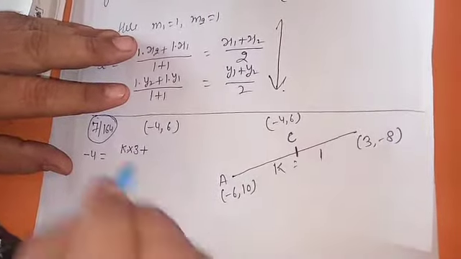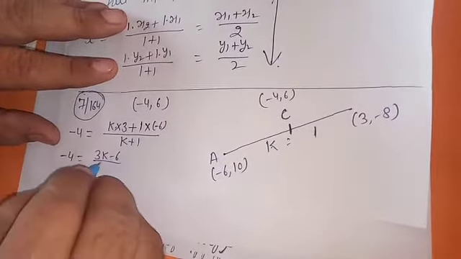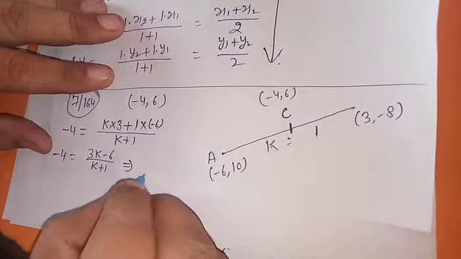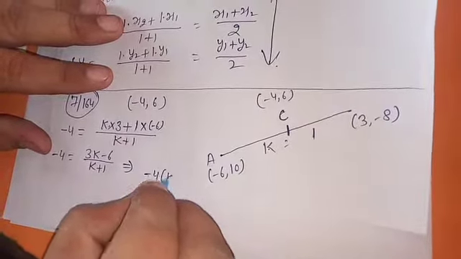So -4 is equal to (3K minus 6) over (K plus 1). Cross multiplication: -4(K plus 1) is equal to 3K minus 6. What does this imply? -4K minus 4 is equal to 3K minus 6.